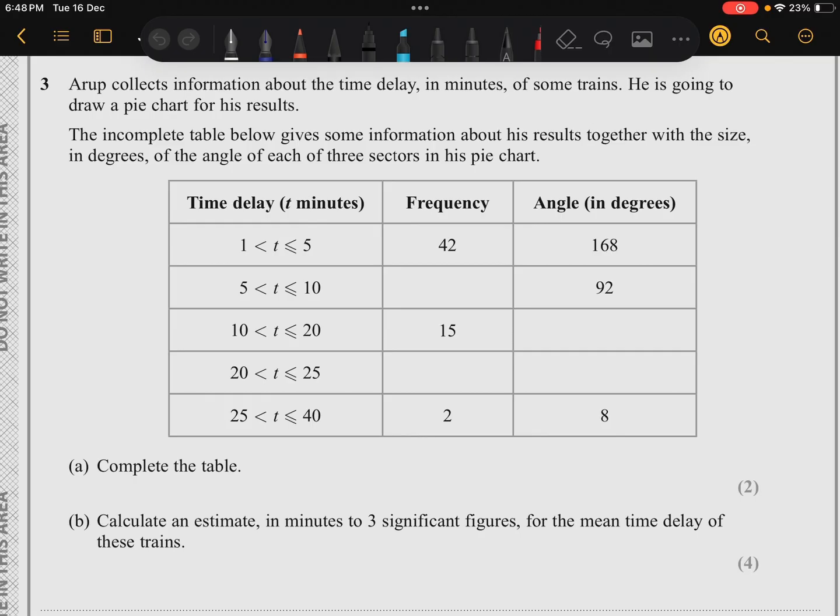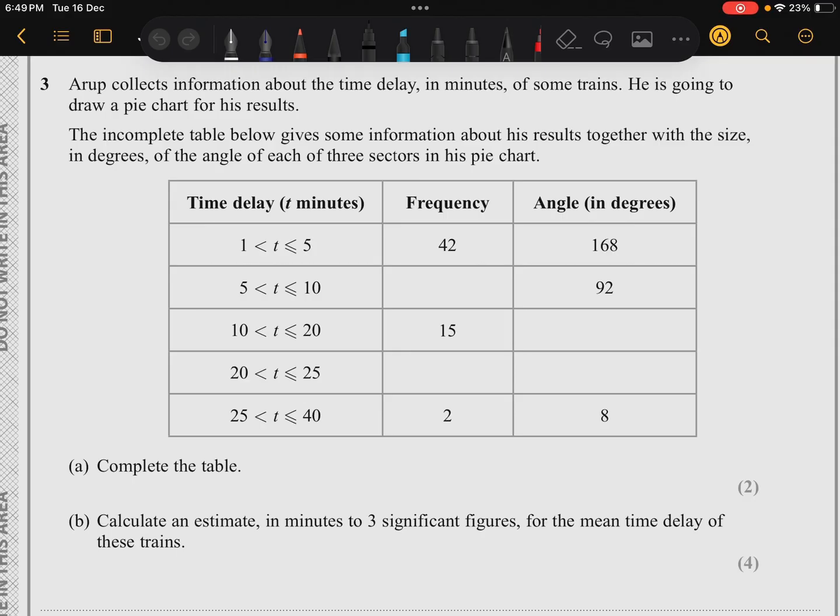In short, it's just a complete circle with one revolution representing 360 degrees. And what Arup is doing, he is calculating the number of trains or the number of frequencies of train, and based on that he is finding the proportion for each of the classes and calculating the angles that each of the classes represent on the pie chart.